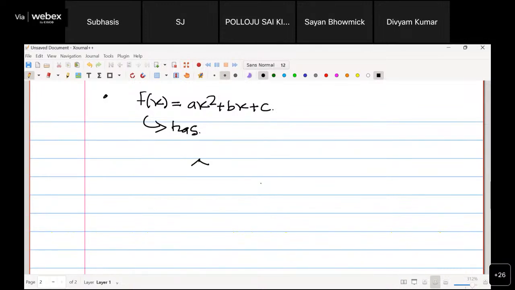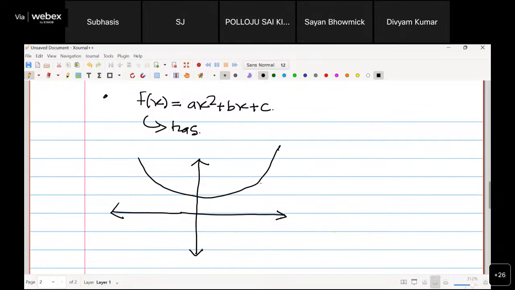Suppose I draw the graph, and the graph is something like this. That means it has no real roots, so it has two complex roots.